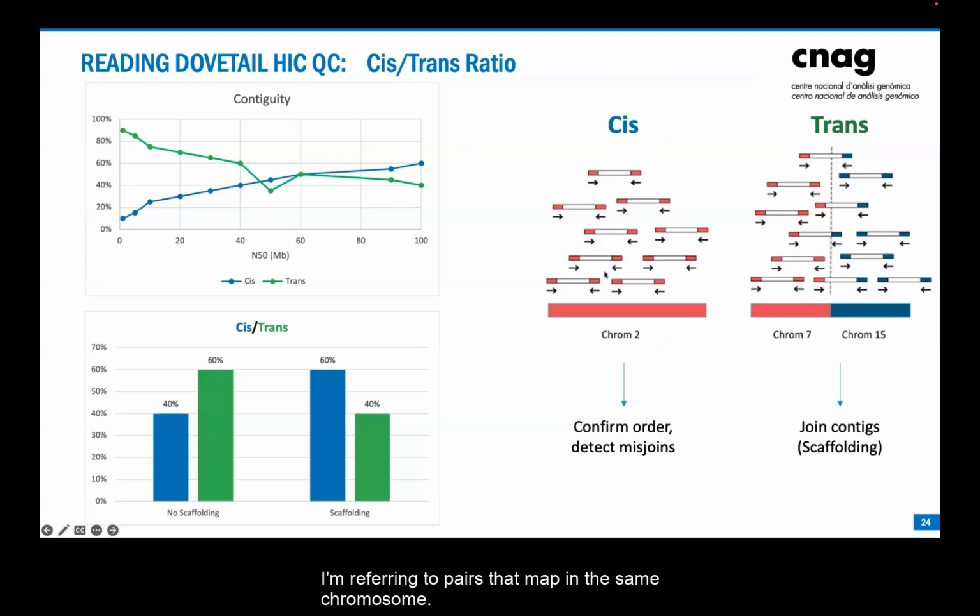The cis pairs, I'm referring to pairs that map in the same chromosome, are useful to confirm the order and detect misjoins in one chromosome or superscaffold. And the trans pairs are very useful for scaffolding because they map to different chromosomes.